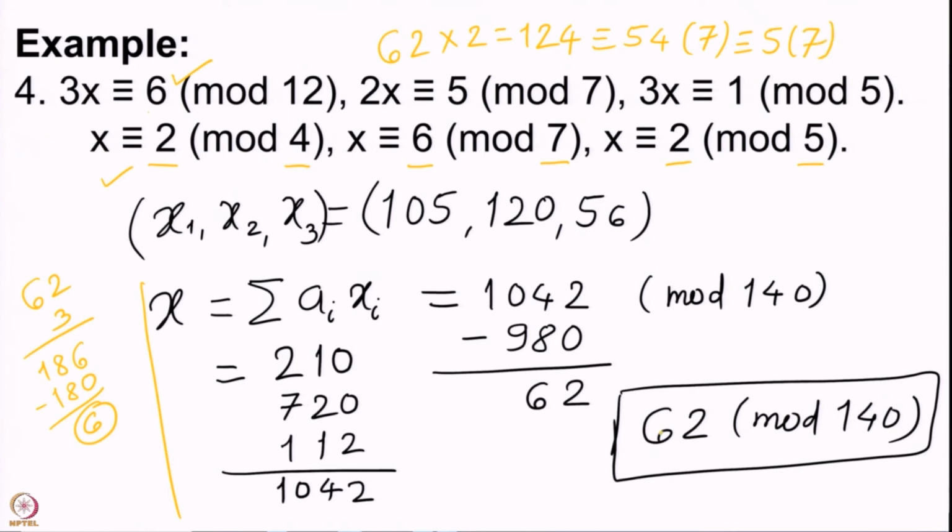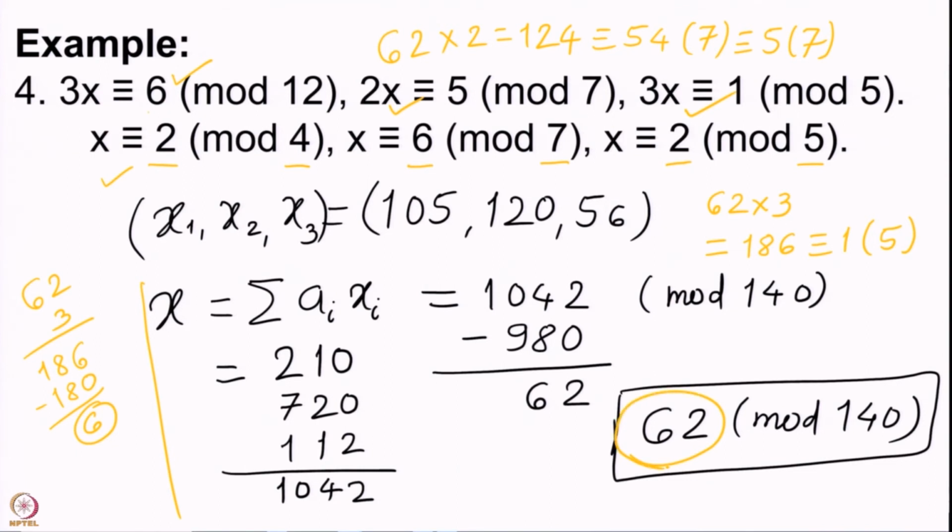And now finally we multiply 62 by 3 to obtain 186, and clearly this is 1 modulo 5. So, all our congruences are satisfied. So, our answer is indeed equal to 62.